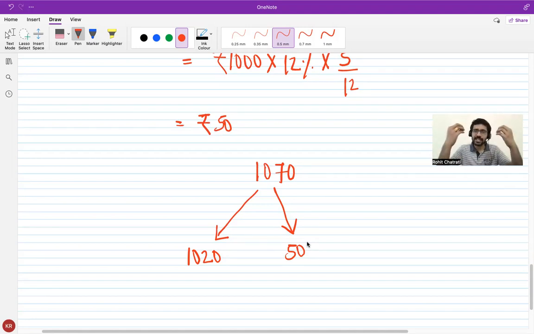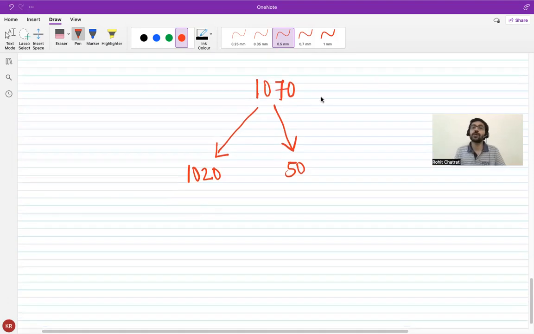So rightfully he is supposed to receive the interest, and therefore I'm paying him additionally rupees 50. So on a totality basis, I'm paying him 1070. Out of that 1070, 1020 is towards the bond and 50 rupees is because he was holding the bond for 5 months. This is how I've split the 1070 cum interest price into the true cost of the bond.